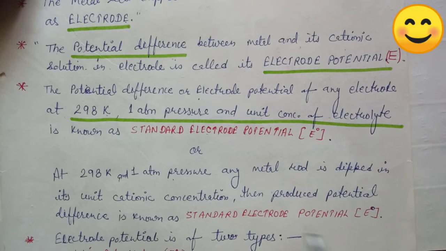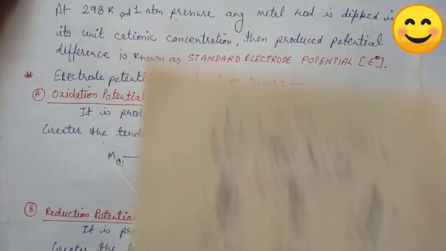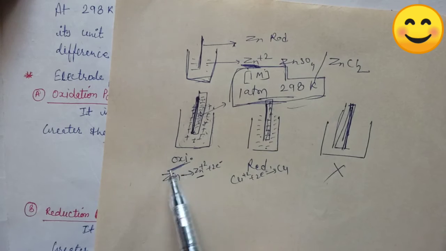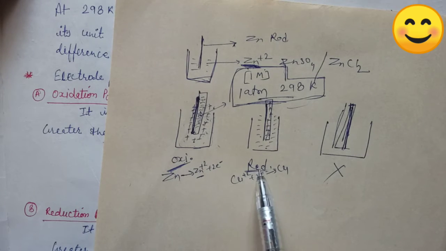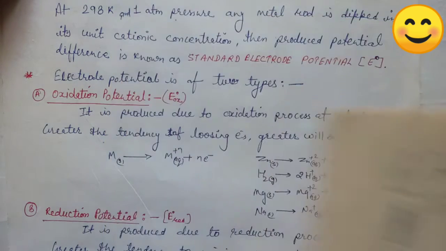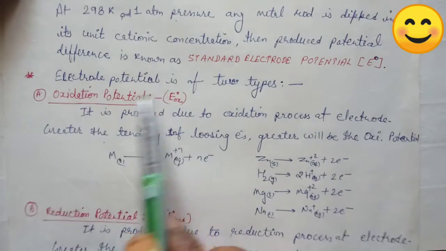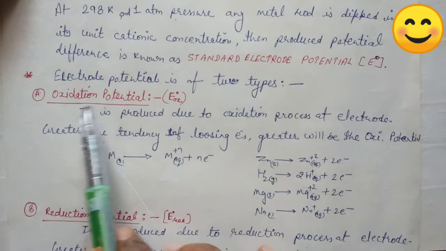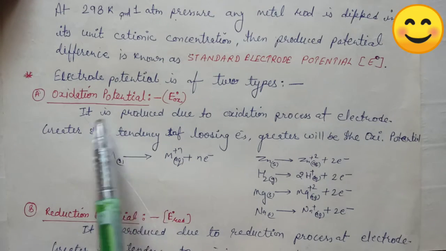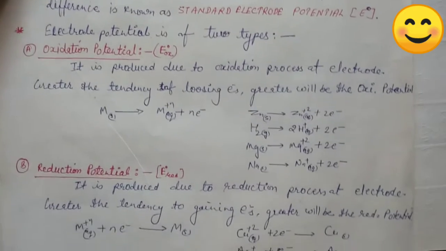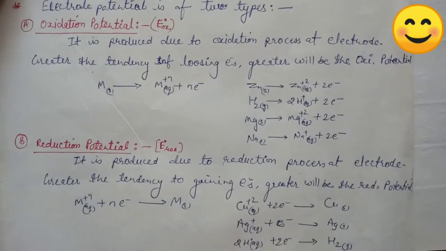Okay, these electrode potentials are of two types. Why? Because one electrode potential is developed due to an oxidation process and the other by a reduction process. So on the basis of the oxidation or reduction process, the electrode potentials are of two types: oxidation potential and reduction potential. Oxidation potential is denoted by E naught oxidation.